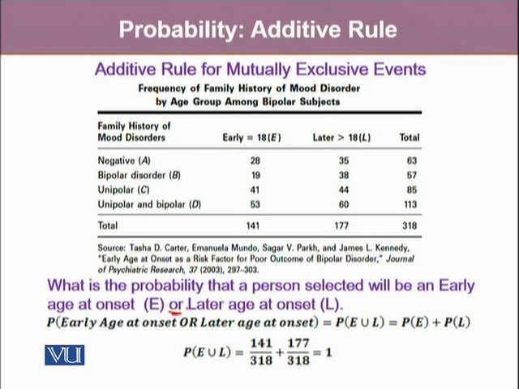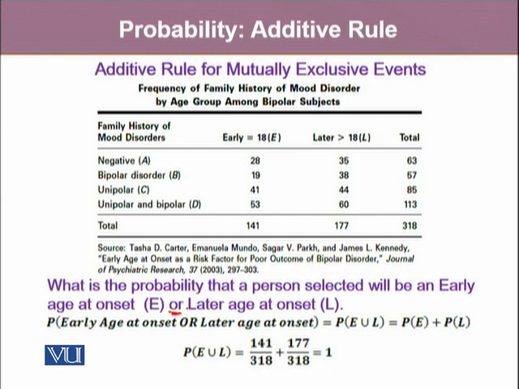This refers to the either-or situation, where either one happens or the other happens. So there is a specific rule for mutually exclusive events, for the addition of the events: if our interest is in the occurrence of either event E or event L, this is given as the probability of early age onset or later age onset.